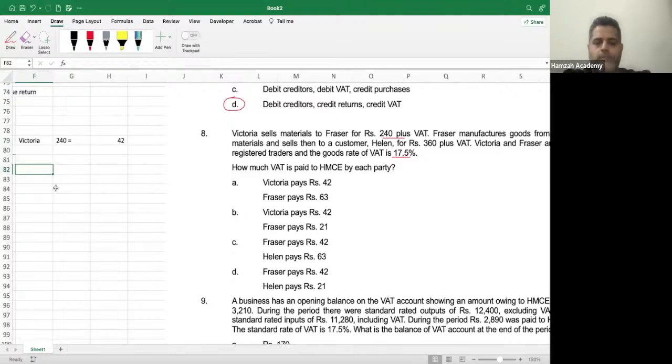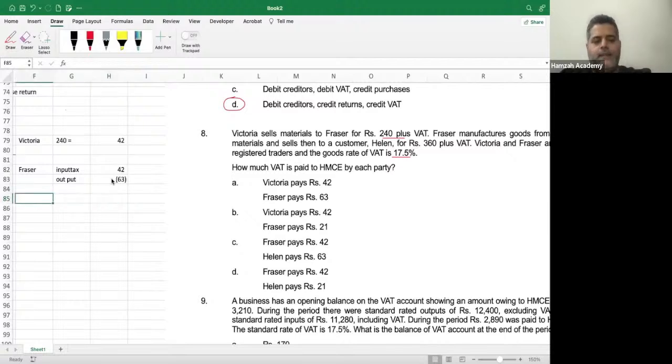Then Fraser has input tax of 42. As far as the output is concerned, he sold the goods to Helen for 360 plus VAT. So 360 into 0.175, that is 63, which is a payable balance. The 42 is the receivable balance.